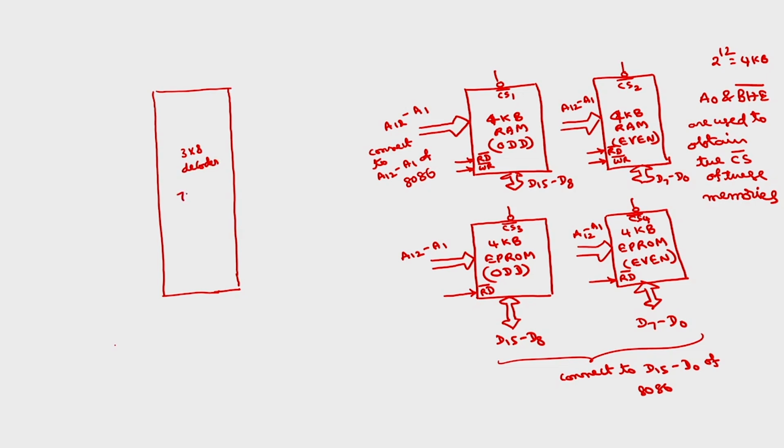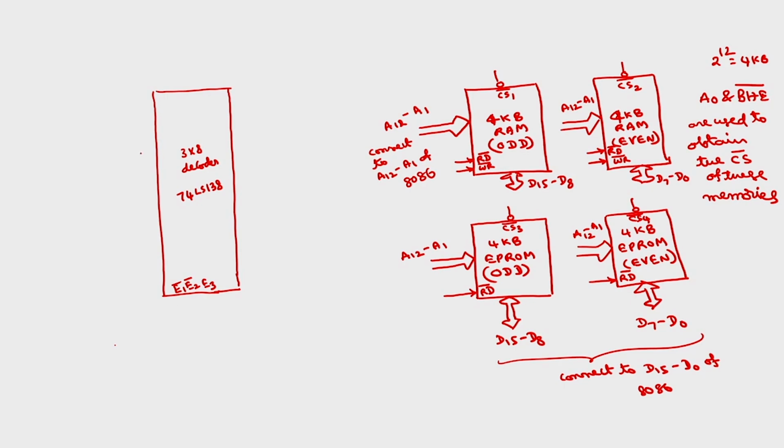It will have 3 enable signals, E1 bar, E2 bar and E3. E1 bar and E2 bar are active low signals and E3 is an active high signal.